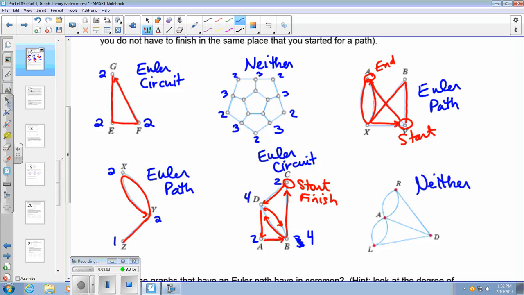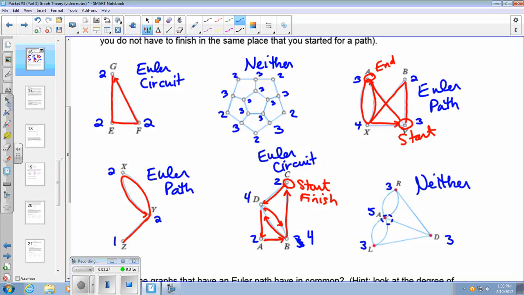And then on the inside, it looks like these are all degree 3 as well. Over on the right, we have degree 3, 5, 3, and 3. And then on the top right, we've got 3, 4, 3, and 2.